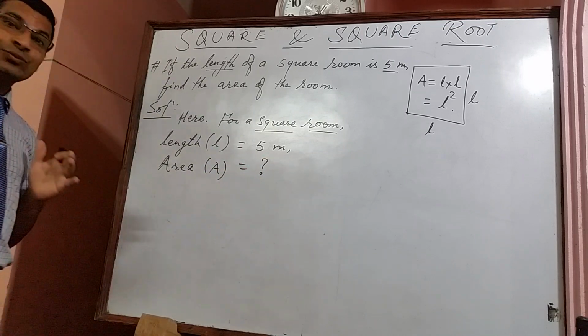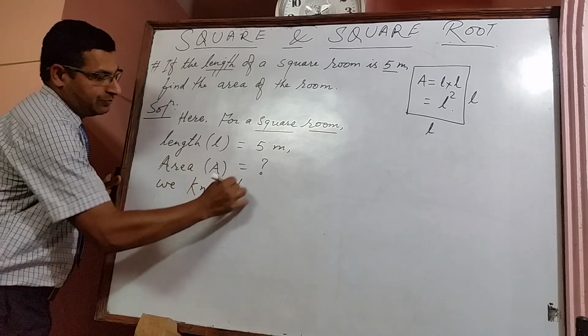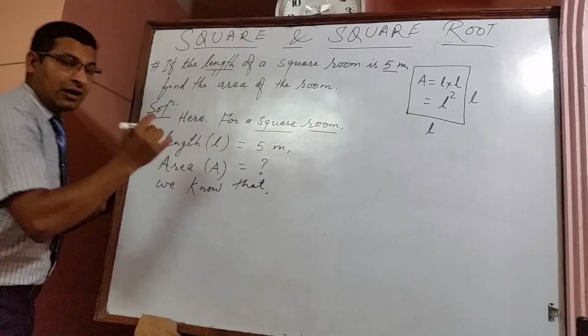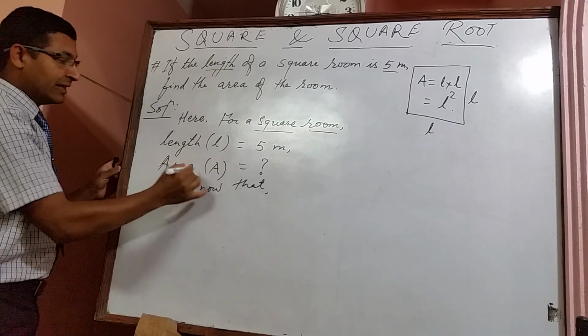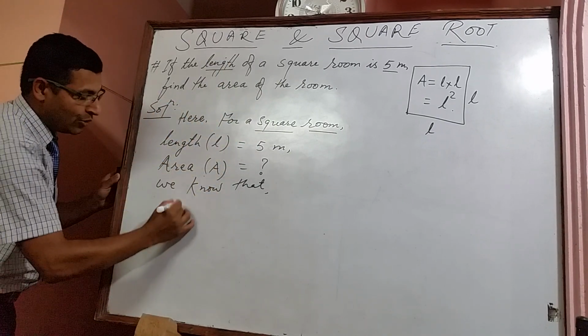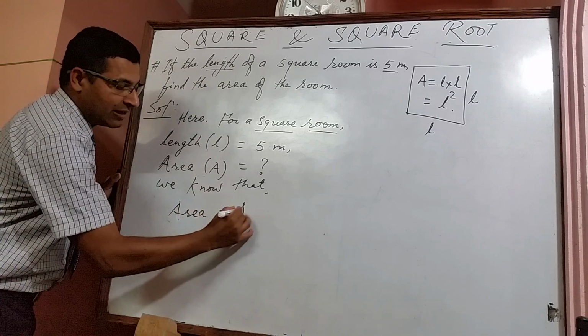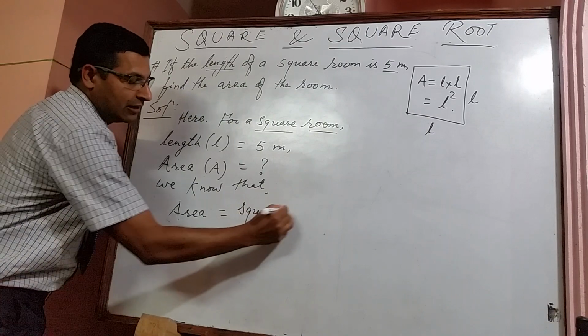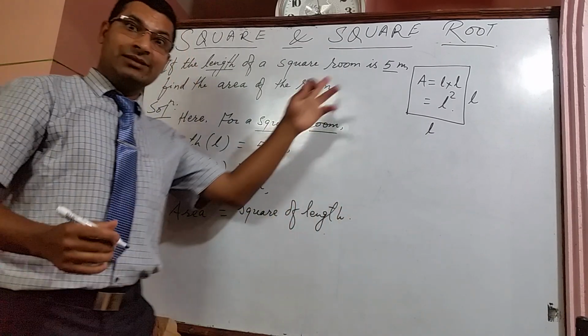And we know that for a square, the relation between area and length is that area is equal to length square, or the square of the length. We had already discussed this in the previous class.